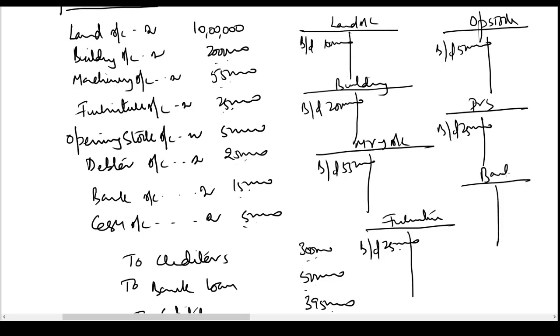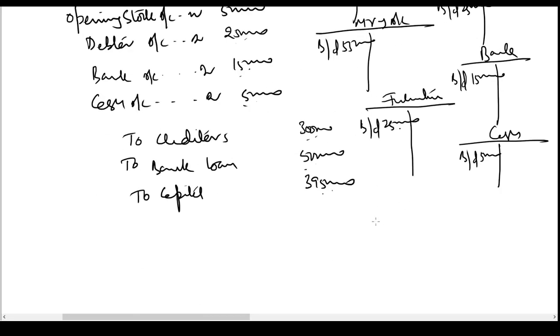Bank account, we'll write brought down 1 lakh 50,000. We'll open cash account and write brought down 50,000. Then we'll open creditors account, write credit side brought down, it is showing credit balance brought down 3 lakh.